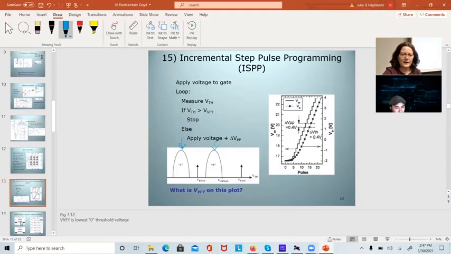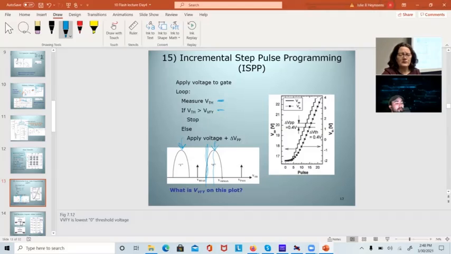What I do is I kind of do this algorithmic loop. It's not a program. I measure, or it might be a program and test equipment. I measure the threshold voltage of the particular cell I want to program. And I set a voltage called V verify, and this V verify is my target voltage for the mean of the zeros, or maybe a little bit less. Maybe it's the lowest threshold voltage I can accept, because I'm expecting those threshold voltages to go up with time.